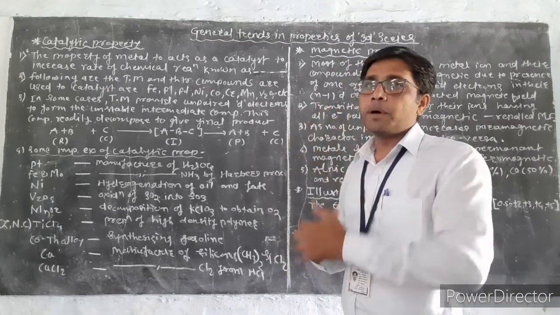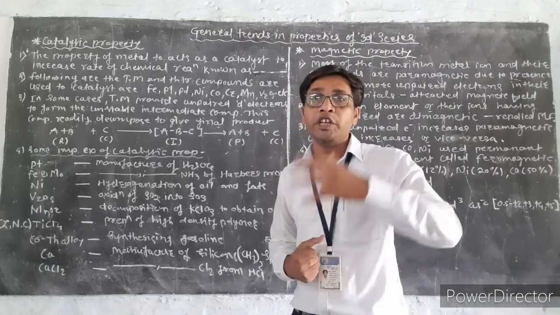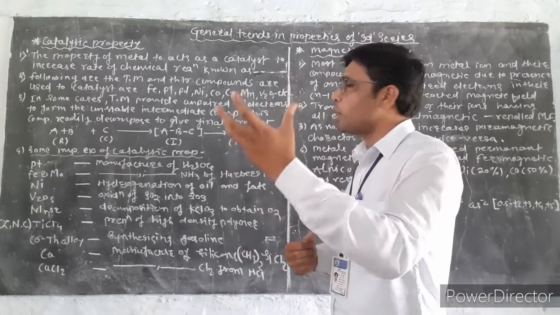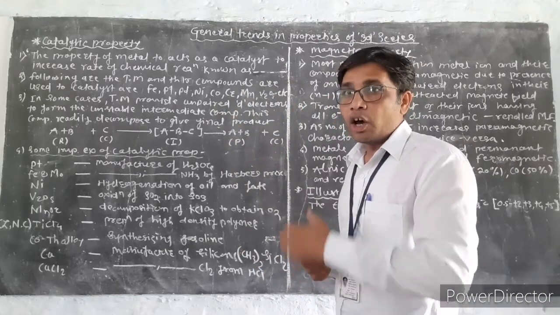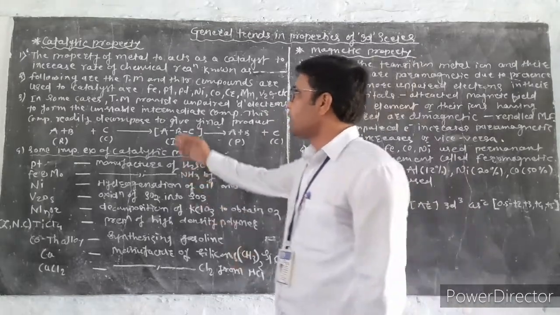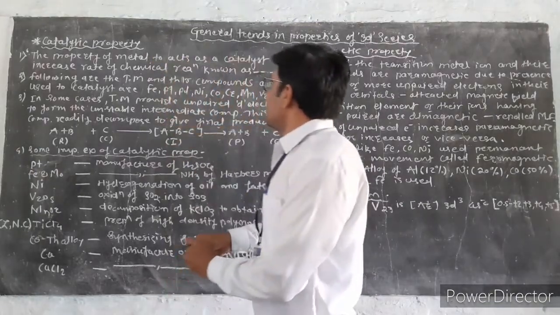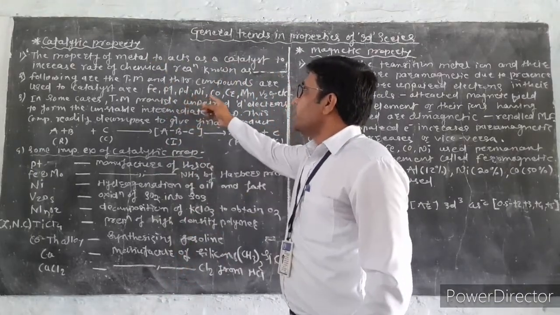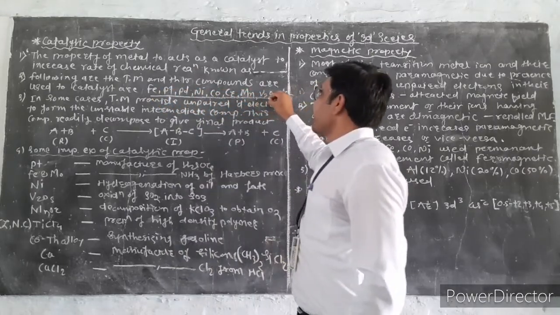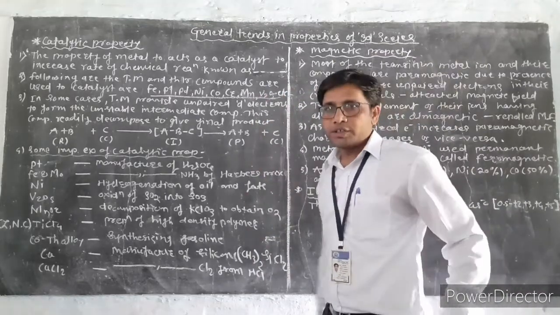A number of metals or their respective compounds are used to increase the rate of chemical reaction, and those of the 3D series elements are iron, platinum, lead, nickel, cobalt, chromium, manganese, as well as vanadium peroxide.